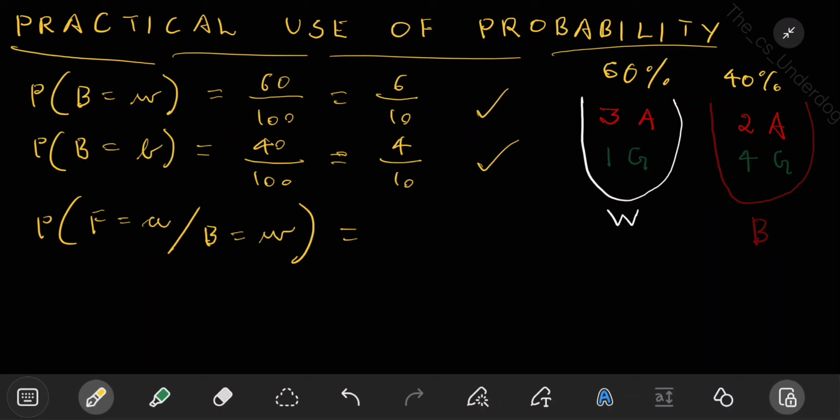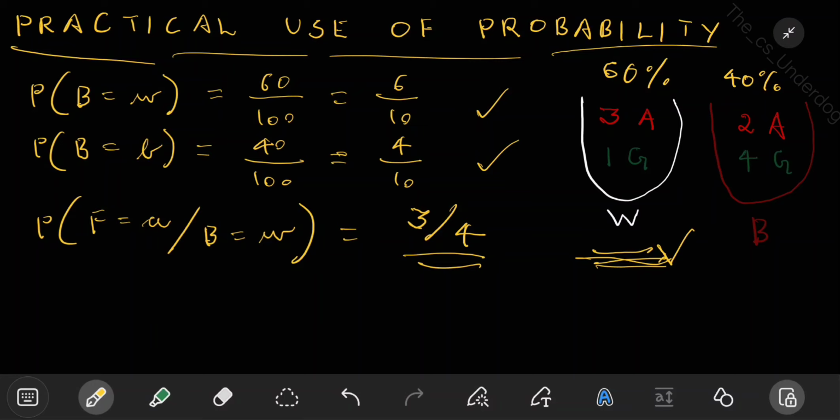Now let us find probability of fruit equal to apple given bag equal to white. Once you select bag equal to white, what is the probability of fruit being apple? There are totally 3 apples out of a total of 4 fruits. So 3 by 4 is the probability. There is 1 guava and 3 apples in the white bag, which means the probability of picking an apple given that the bag picked is white is 3 by 4.